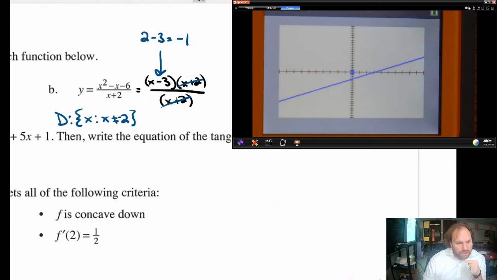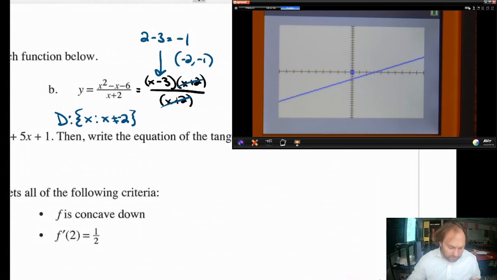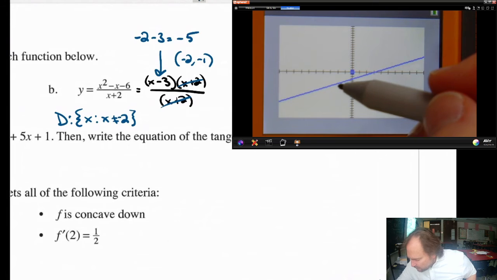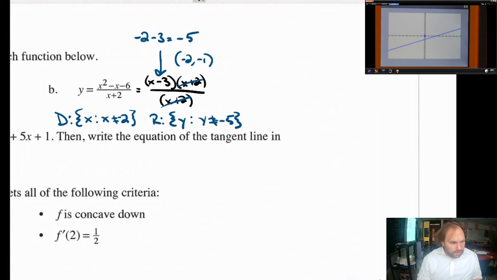So the range on this function can never actually output negative 5 because there's going to be a hole at the point negative 2, negative 5, which is going to happen right about there on calculator cam. There's going to be a hole there. So the range is all y's such that y is not equal to negative 5. That would be the case there. Pretty cool. Okay, moving on to the next question.